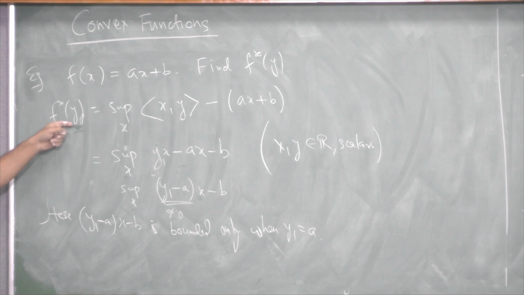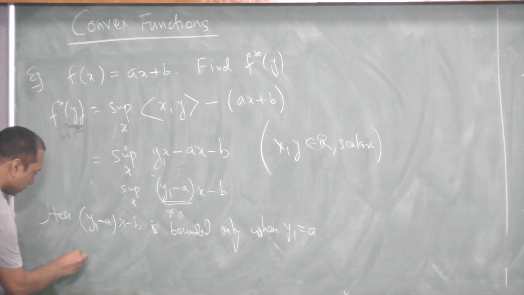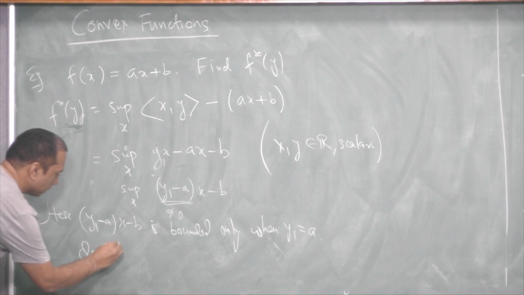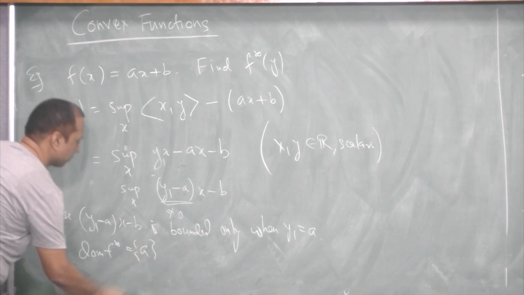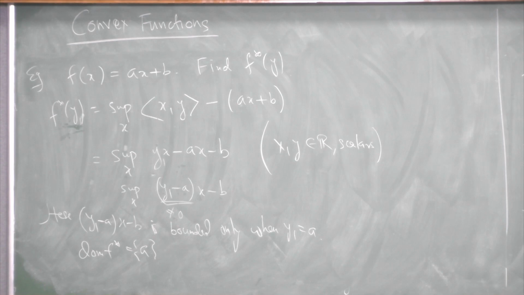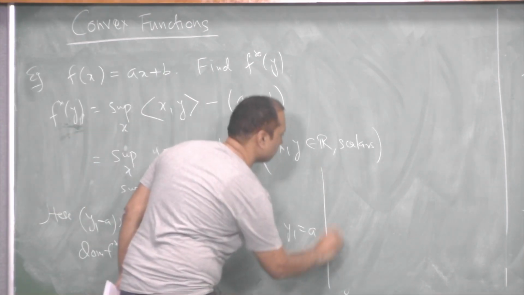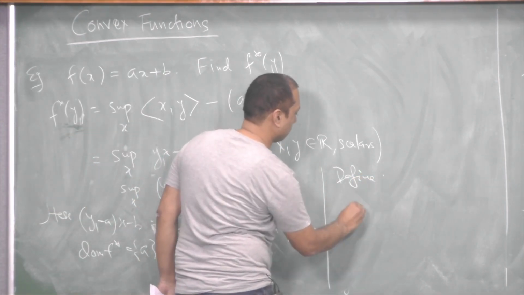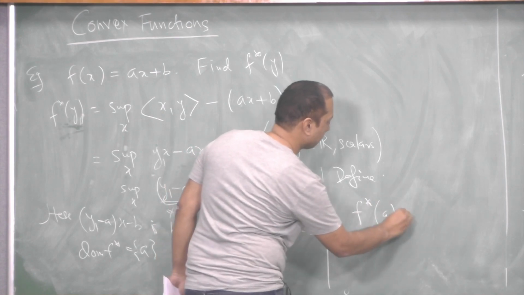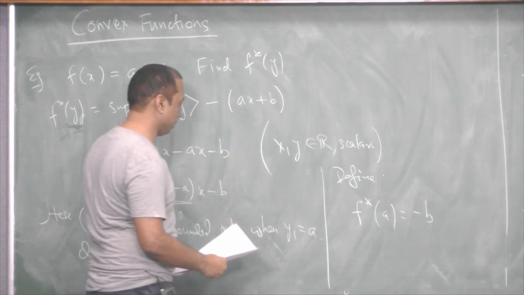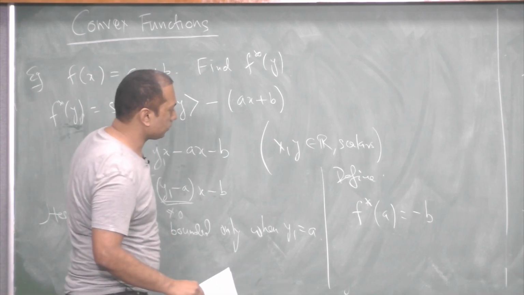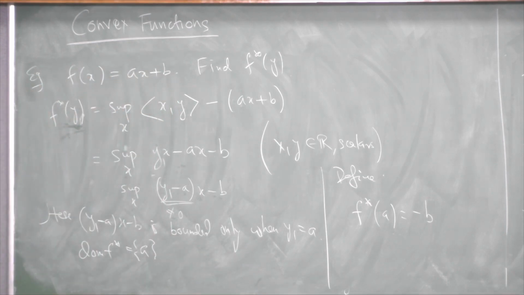The domain of the dual f star is necessarily {a}, just one entry in the domain, and for this value the output is defined to be minus b. So hence we define our dual function to be f star(a) = minus b. That's it. I don't have to do anything. It's defined only on a, so that's it.